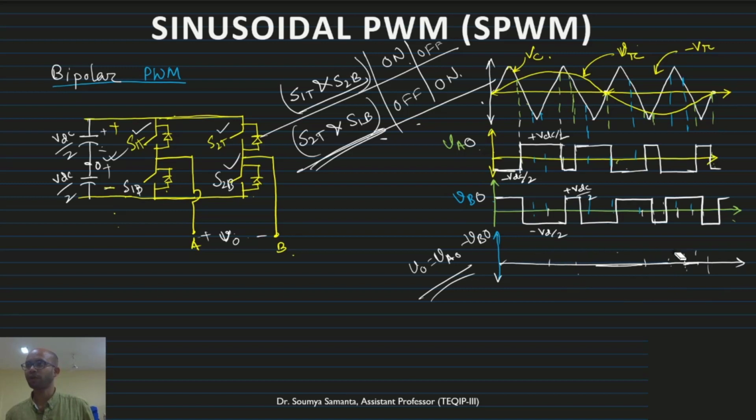The output voltage will be such that it swings between plus VDC and minus VDC.